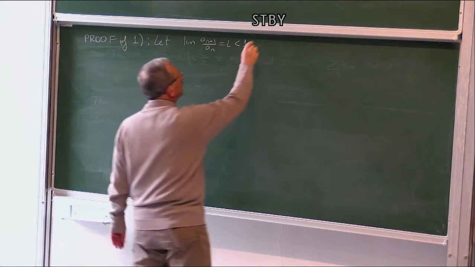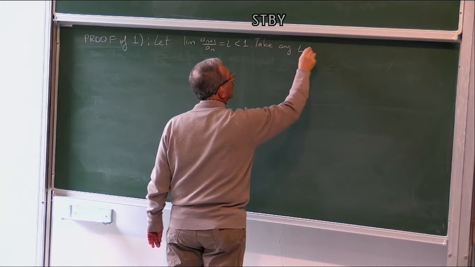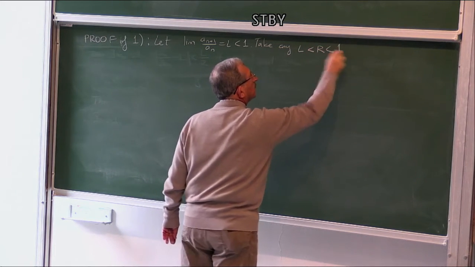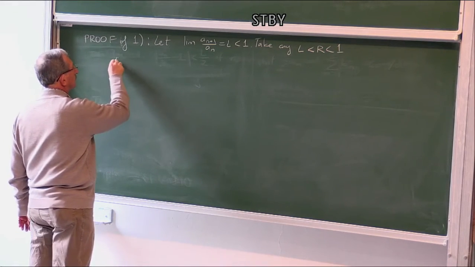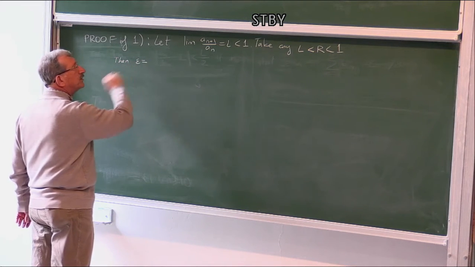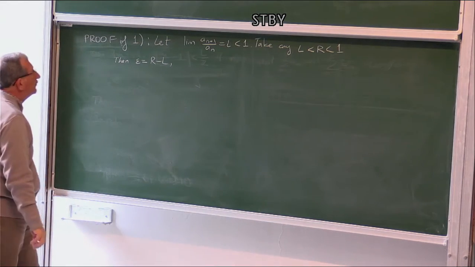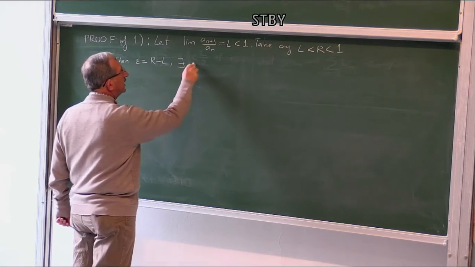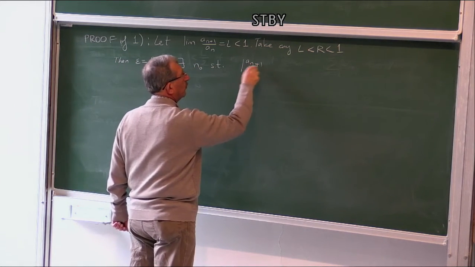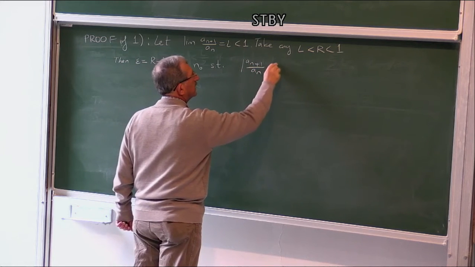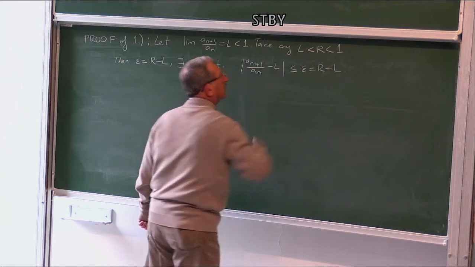Then take any R between 1 and L. Then, with epsilon equal to R minus L, there exists an N0 such that |a_{n+1}/a_n minus L| is less than epsilon, which is R minus L.